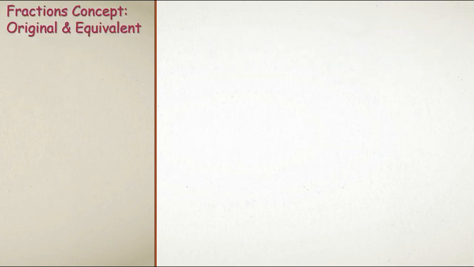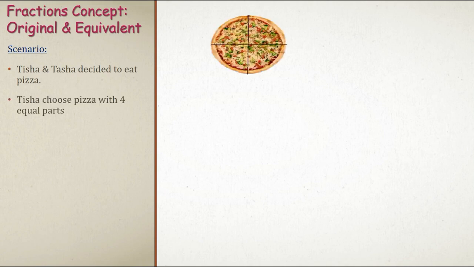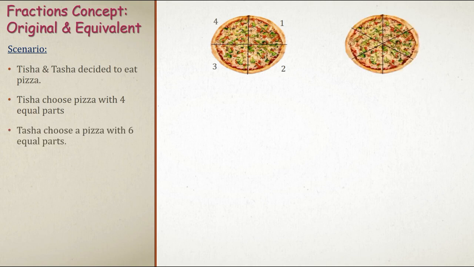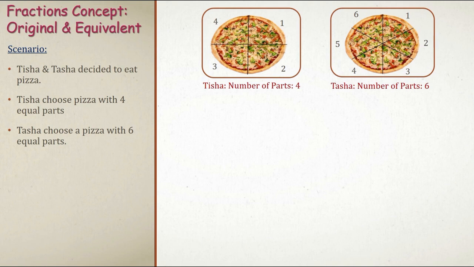Now let us understand fractions concept, original and equivalent fraction. Let's take an example. Tisha and Tasha decided to eat pizza. Tisha chose a pizza with 4 equal parts: 1, 2, 3, 4. And Tasha chose a pizza with 6 equal parts: 1, 2, 3, 4, 5, 6. So Tisha's pizza has total number of parts equal to 4 and Tasha's pizza has number of parts equal to 6.